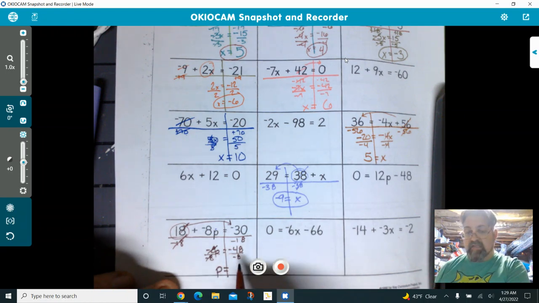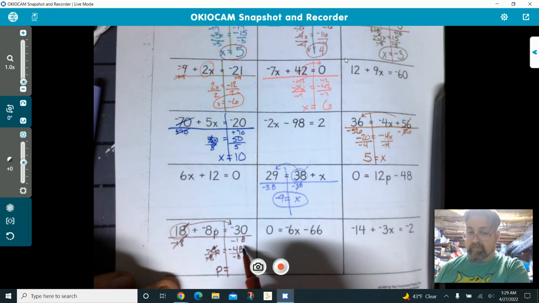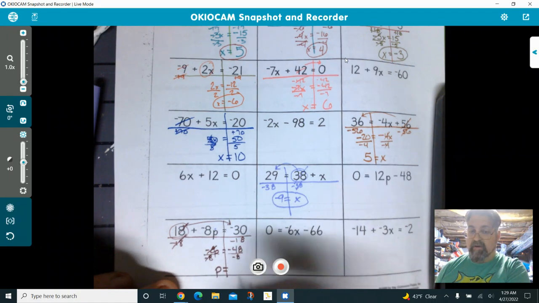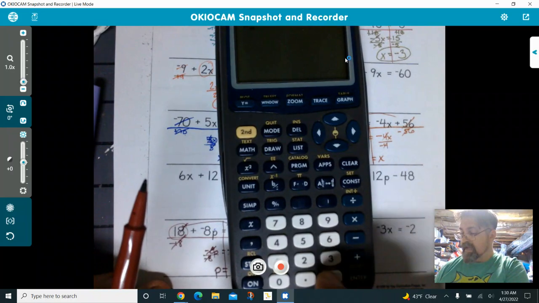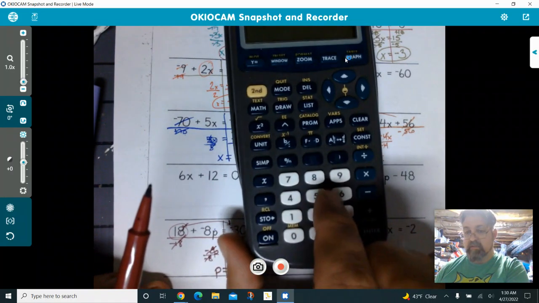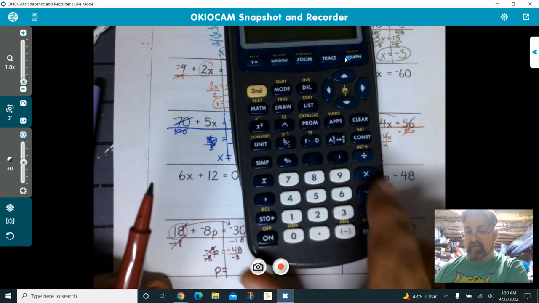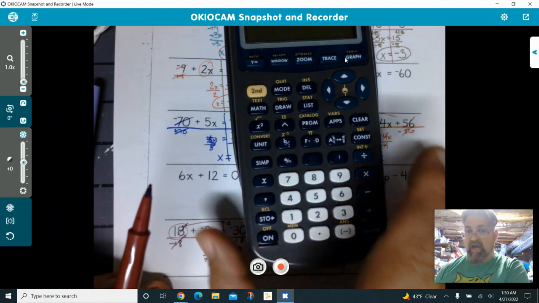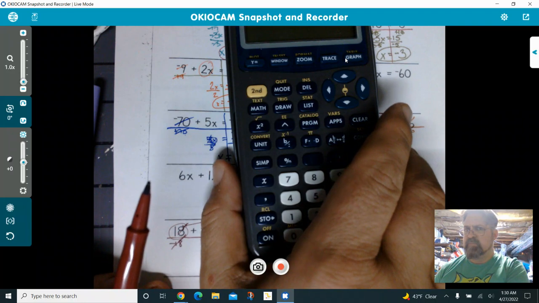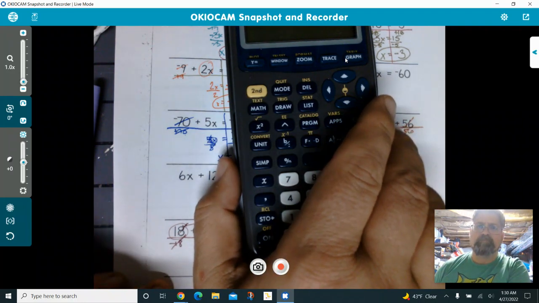Then negative 48 divided by negative 8. Always start with the top number, divide the bottom number. Okay. Negative 48 divided by negative 8. What do you think it is? Who says 7?